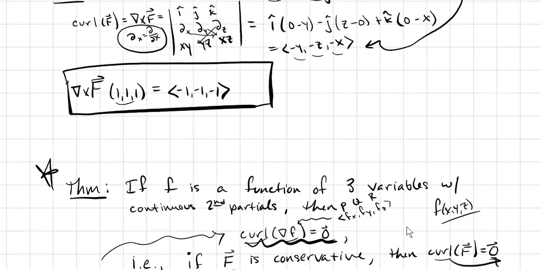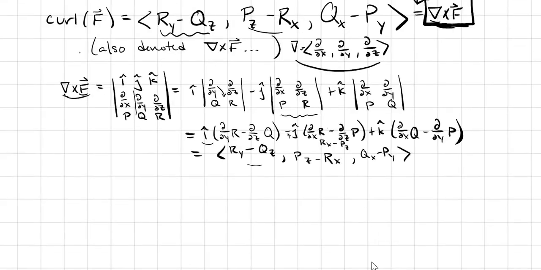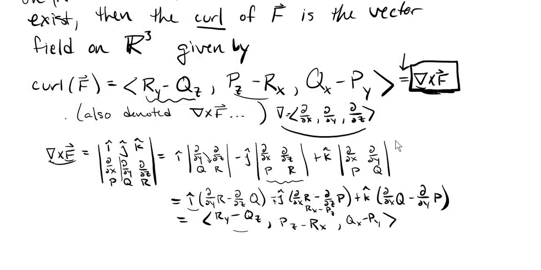So if we go back up here to the formula, think of plugging in p equals, or the field, if it was our gradient field that we were taking a curl of, then we would have these components taking the place of p, q, and r in this formula.